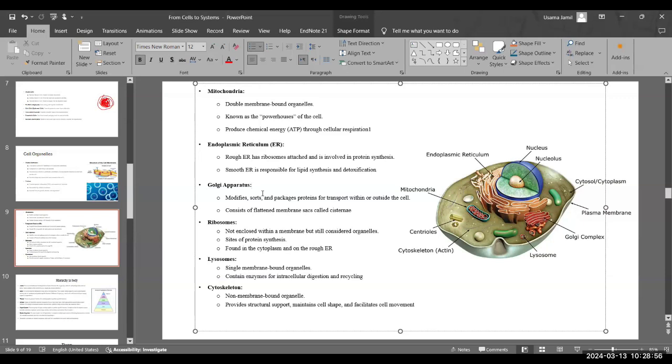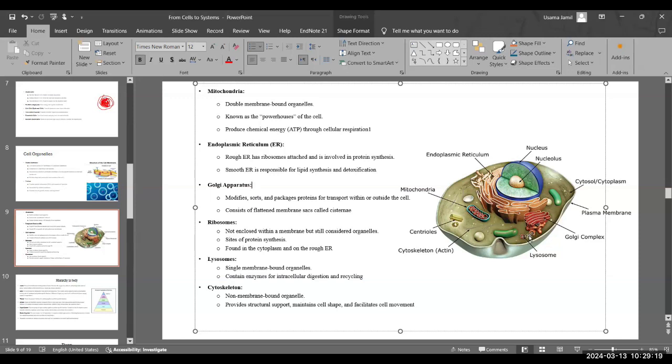So next is Golgi apparatus. This one is Golgi apparatus, which kind of handles the logistics part of the cell. It packages different types of cell products like proteins and exports them outside.